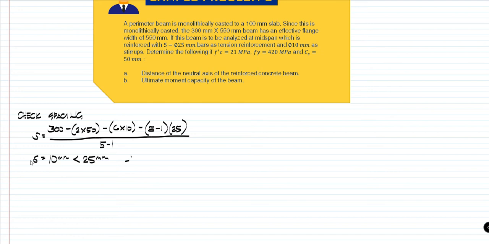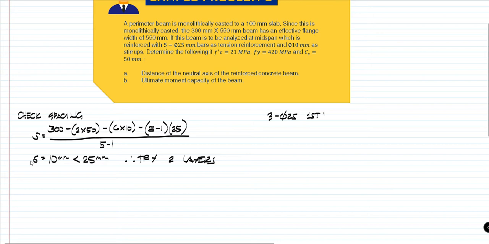So, therefore, we have to try 2 layers of reinforcement. So, for the 2-layer reinforcement, we have here tatlong diameter 25 on our first layer. And we can have 2 diameter 25 mm on the second layer of reinforcement. So, let's check yung critical part, which is yung 3 diameter 25 mm bars.